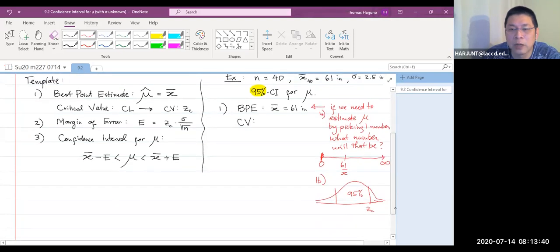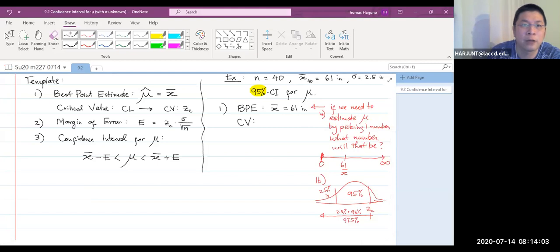Now, what will be the Z score such that the area to the left is 2.5% plus 95%? That's 97.5%. We need to look for that critical value.